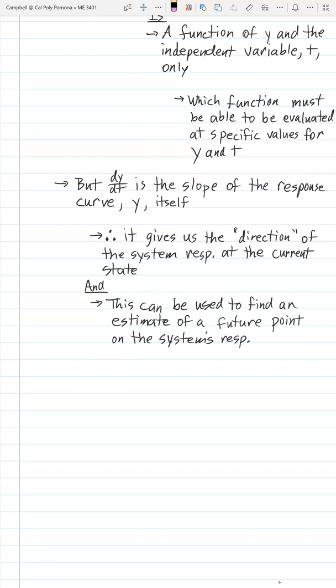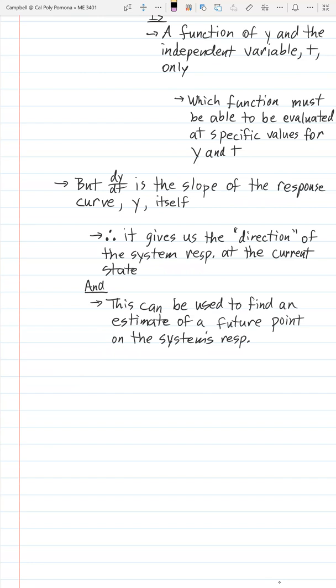Because of course, the underlying response curve isn't going to diverge much from the slope over a very, very short period of time. Now, of course, if we start jumping too far into the future, that slope won't be representative of what's happening with the system response anymore at those points far in the future. And so, of course, then we have an issue.